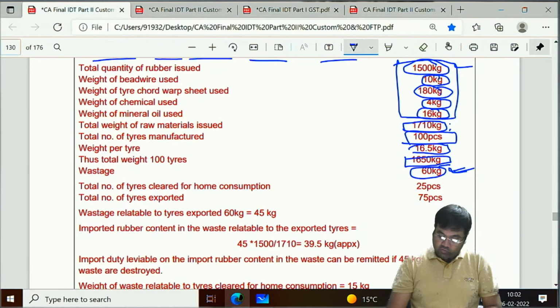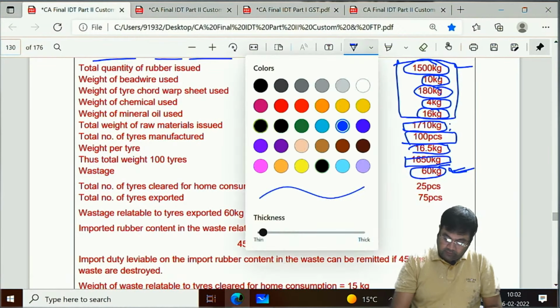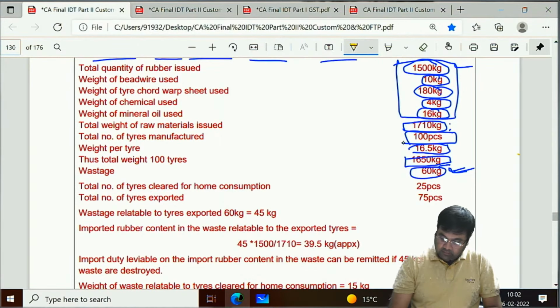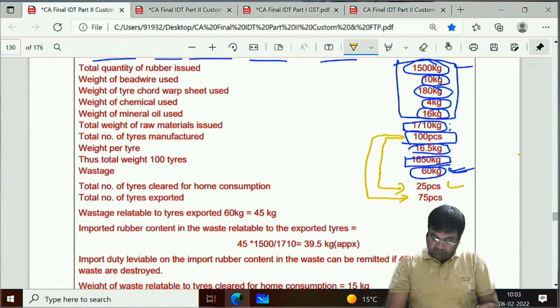Now let's say out of 100 tires, 25 pieces are sold in the domestic market and 75 exported. So basically home consumption 25 pieces and 75 exported.